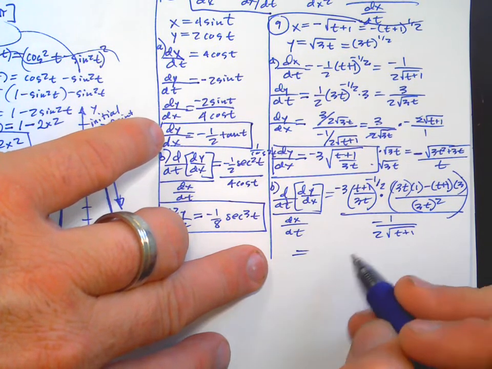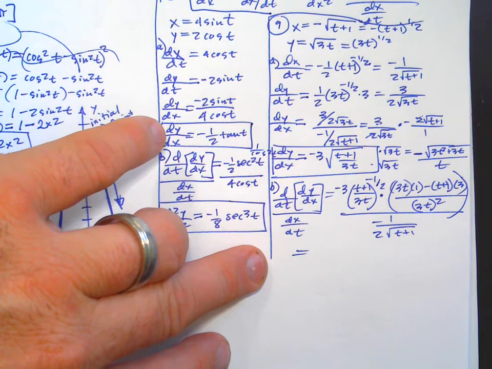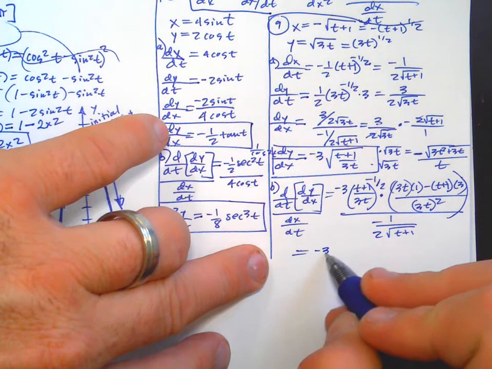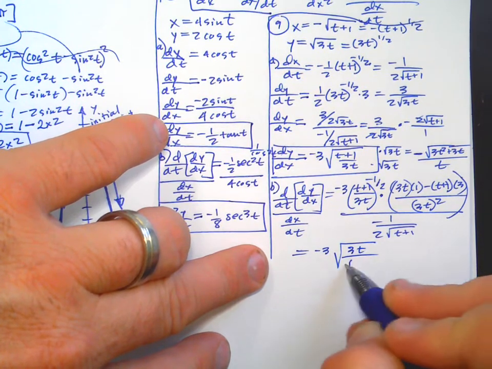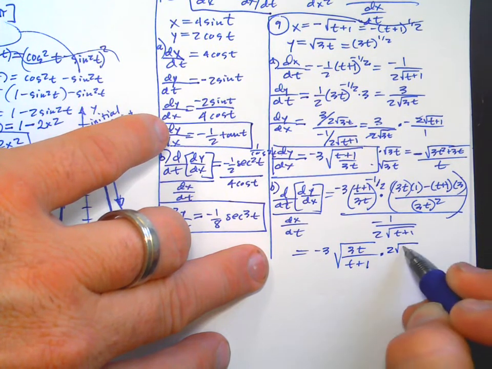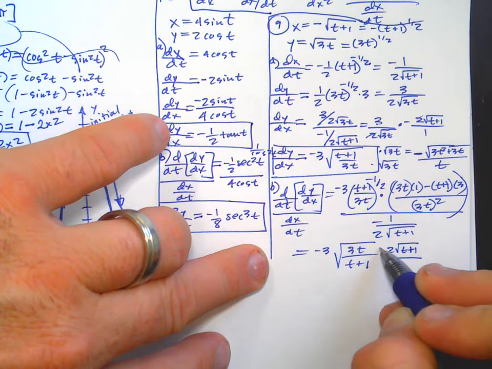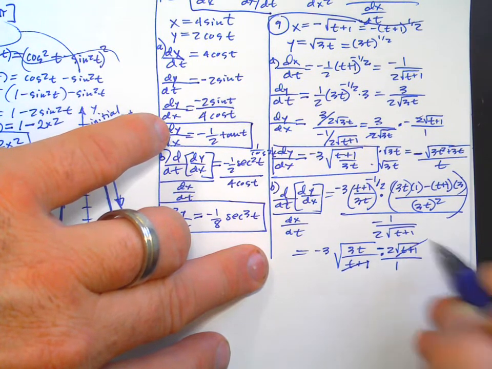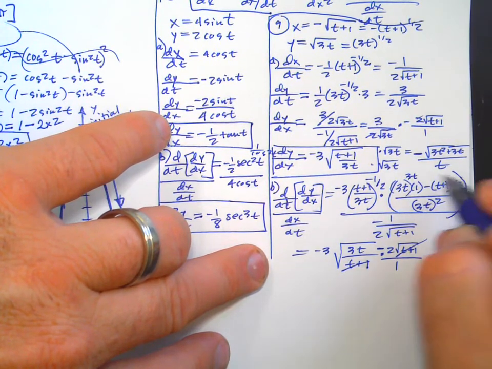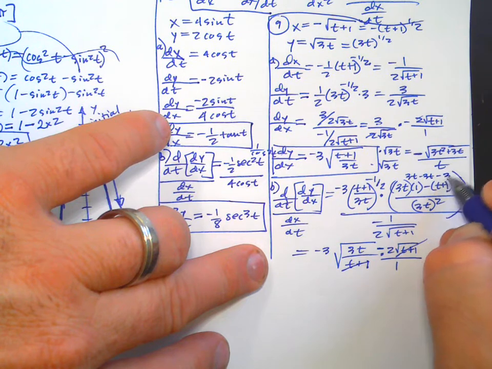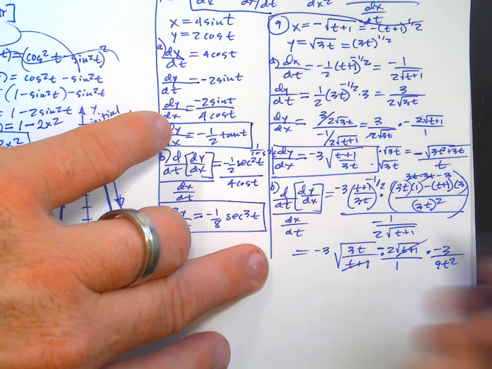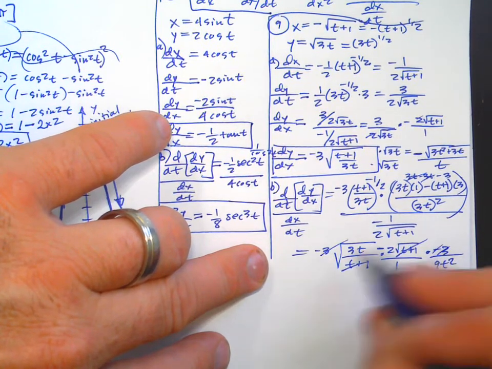We could try and clean this up, but I mean, this is negative 3 square root of 3t over t plus 1. And then this is going to end up multiplying by the reciprocal. So that would get rid of the t plus 1s and the square roots. And then this is going to be 3t minus 3t minus 3. So that just becomes minus 3, or 9t squared. The 3's and the negatives become positive in the 9.